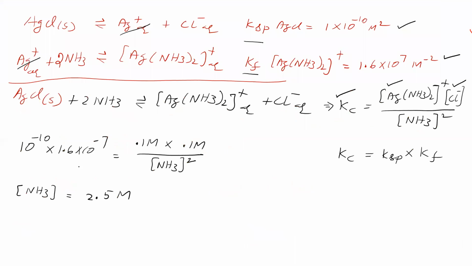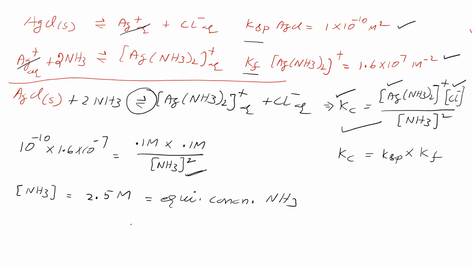Now we got the concentration of ammonia from this expression. It is nothing but the equilibrium concentration of ammonia, because we got this expression for this equilibrium only. Therefore, this NH3 concentration of 2.5 molar is called the equilibrium concentration of ammonia.